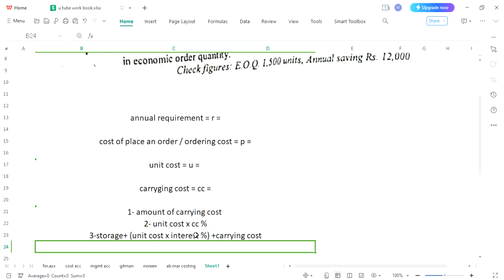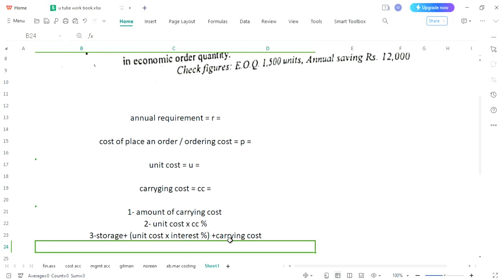What kind of option is available in your question? The total amount of carrying cost may be given per unit, or a percentage may be given for carrying cost, which you will apply upon unit cost. And third, three different factors would be available in your question: storage, interest, and carrying cost. So these are the main factors we are related with to calculate our economic order quantity.